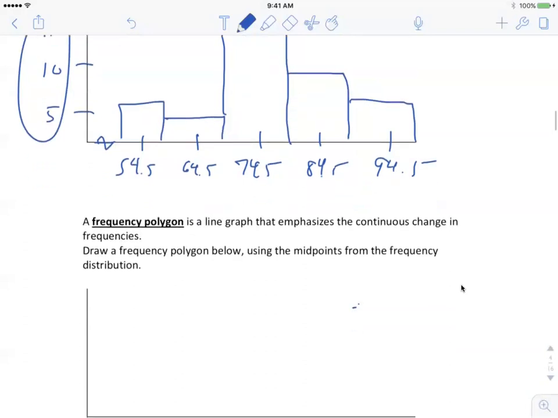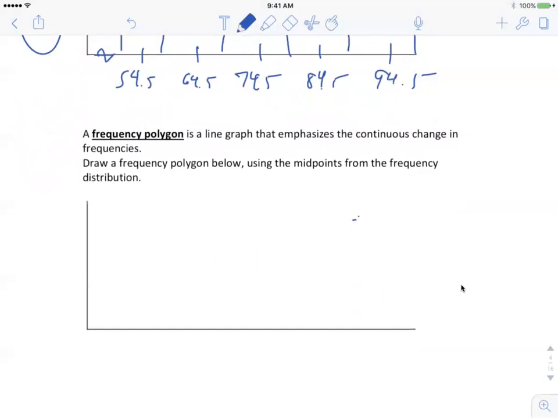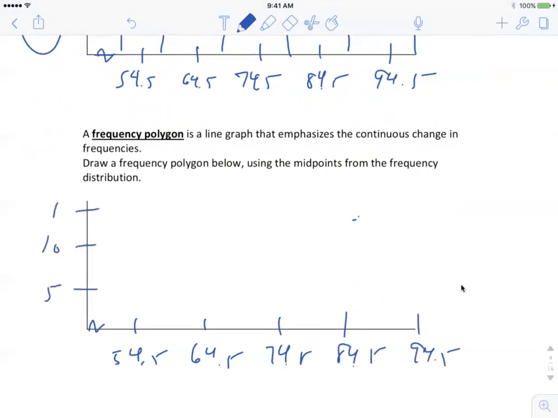Okay, frequency polygon is a line graph, and you use the midpoints from the frequency distribution, but you just do lines only. So again, I could do my little squiggly thing, 54.5, 64.5, 74.5, 84.5, 94.5. Okay, and then 5, 10, 15. Instead of doing bars at each frequency, you're just going to do a dot, right?